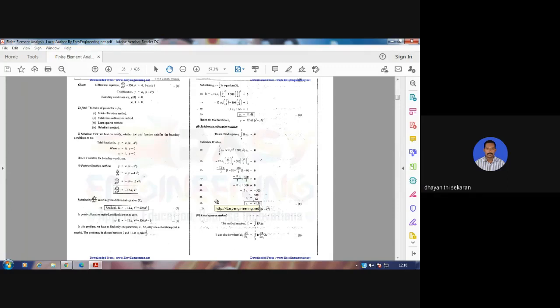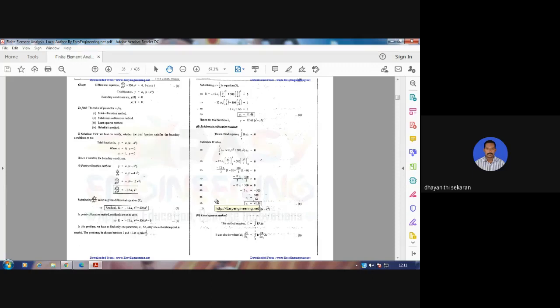Again, the subdomain collocation method: integral from 0 to 1 of R dx equal to 0, so the integral of minus 12 a1 x squared plus 500 x squared dx equals 0. We integrate, x power n becomes x power n plus 1 by n plus 1, so minus 12 a1 x cube by 3 plus 500 x cube by 3 from 0 to 1 equals 0. That gives minus 12 a1 by 3 plus 500 by 3 equal to 0, and the 3 goes to the other side, so minus 12 a1 plus 500 equal to 0.